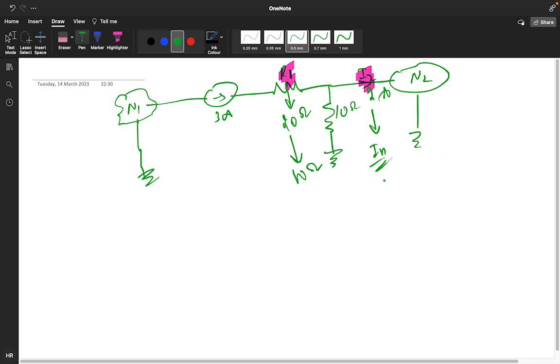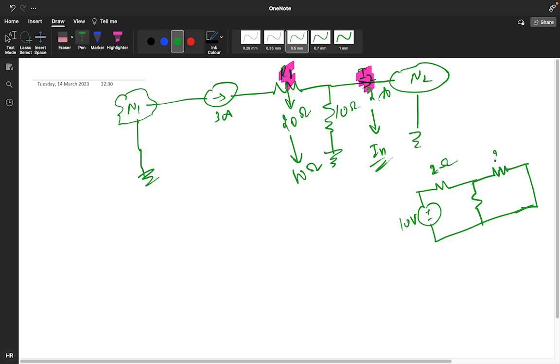If you want to check it, check in this particular network. This is 10 volt, this is 2 ohm, this is 2 ohm, this is 4 ohm.